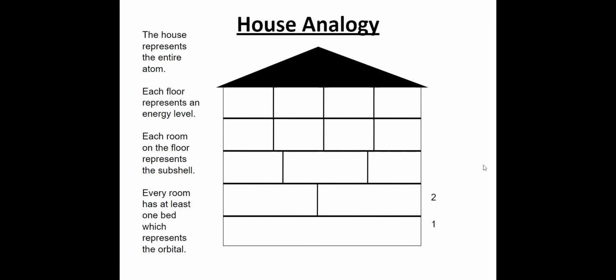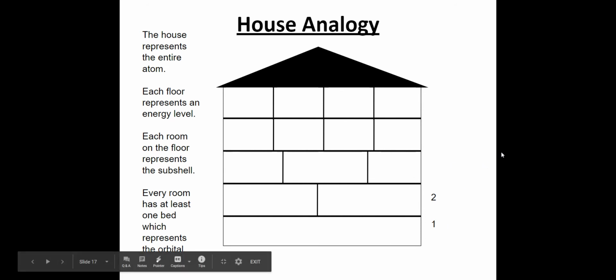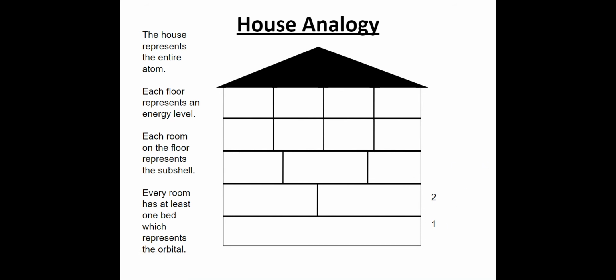As I click forward, you can see the numbers appearing on the bottom right. So the first layer is energy level 1. The second floor is energy level 2. Then comes energy level 3, followed by 4. You can guess what comes next. 5, energy level 5. But wait, there's more.